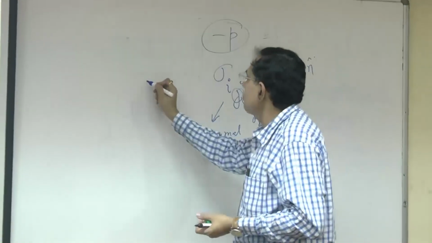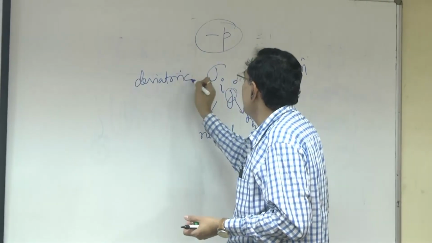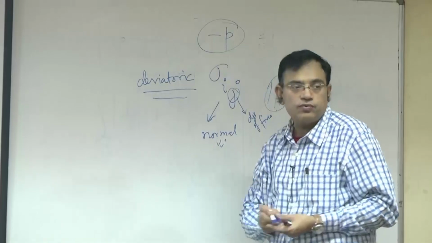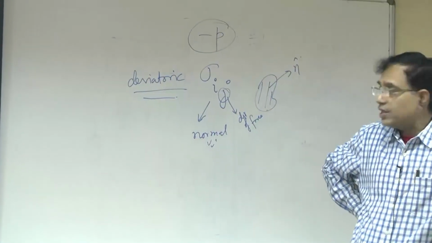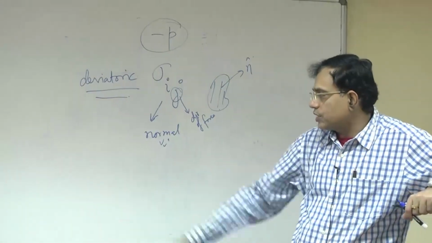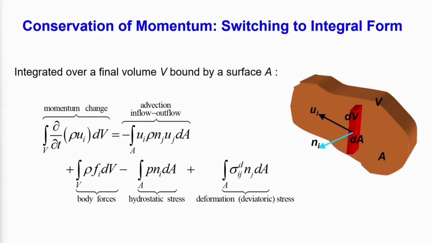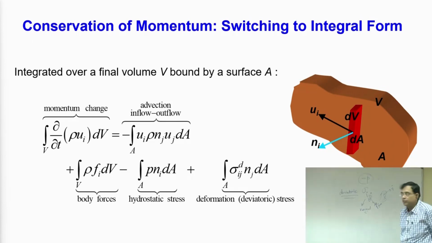That means it is related to the deformation of the fluid, whereas P is not related to the deformation of the fluid. So, the two things are decoupled and that gives rise to this conservation of momentum. So, you have the mass into acceleration equal to total force.